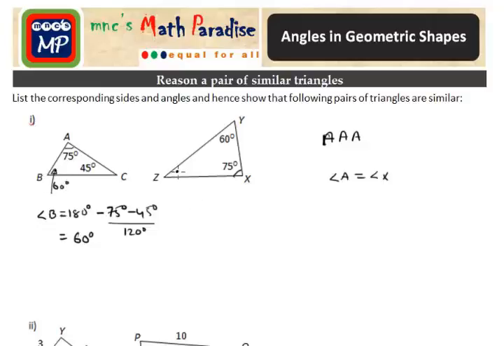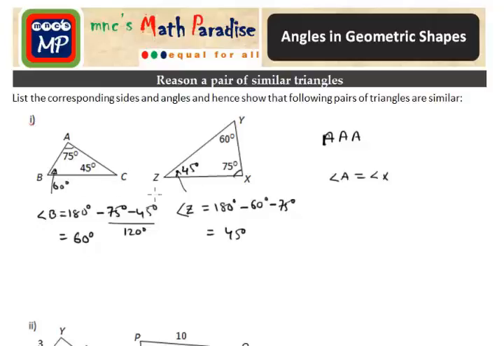Angle Z, if we calculate it, will be 180 degrees minus 60 degrees minus 75 degrees. If we calculate it, we will get 45 degrees.